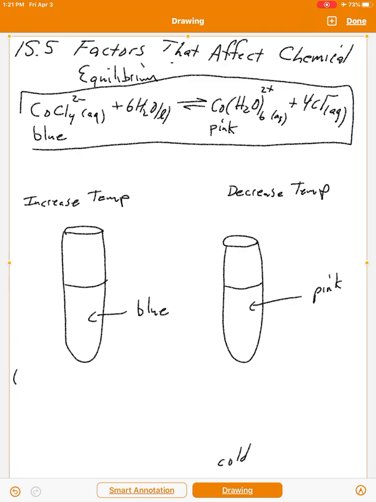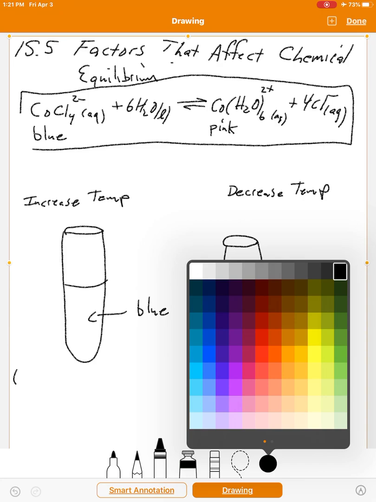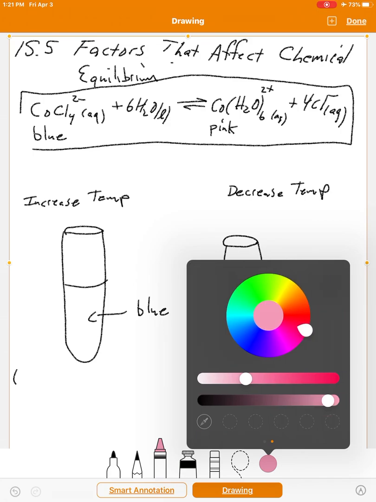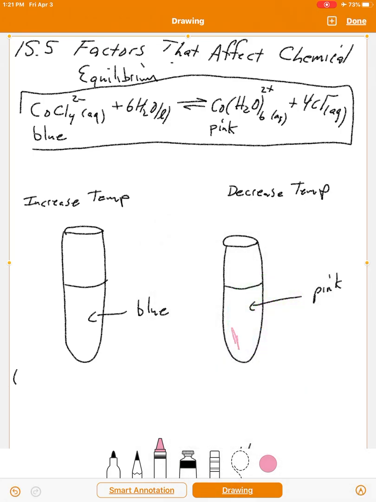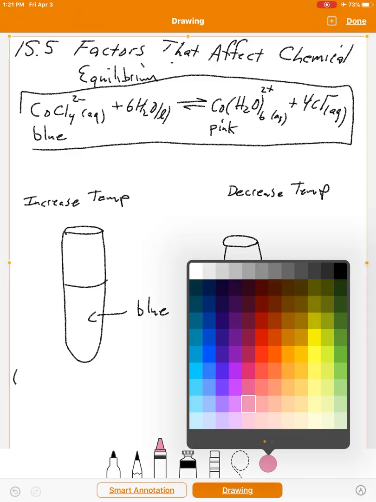And it turns pink. So over here it's blue, pink, and then over here it's blue.